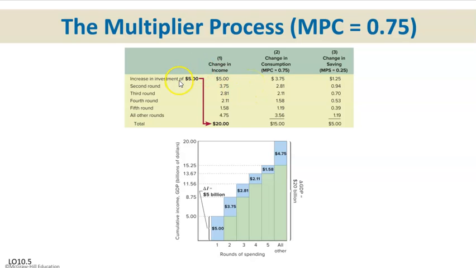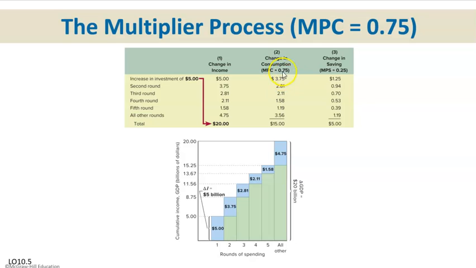So here we can see we have an initial increase in investment of $5. So this $5 gets spent and it turns into income for someone else. Then that person takes their income. They're going to spend some of it and save some of it. And this is where the marginal propensity to consume comes in.